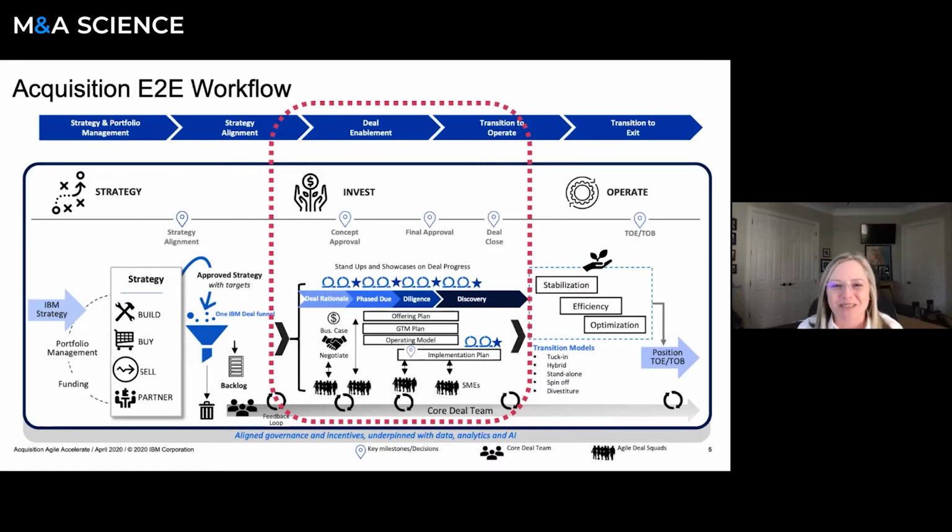Well, I will tell you, full disclosure to the folks listening, this is not my creation. This is working in a co-creative way across many, many different teams in IBM to think this through.